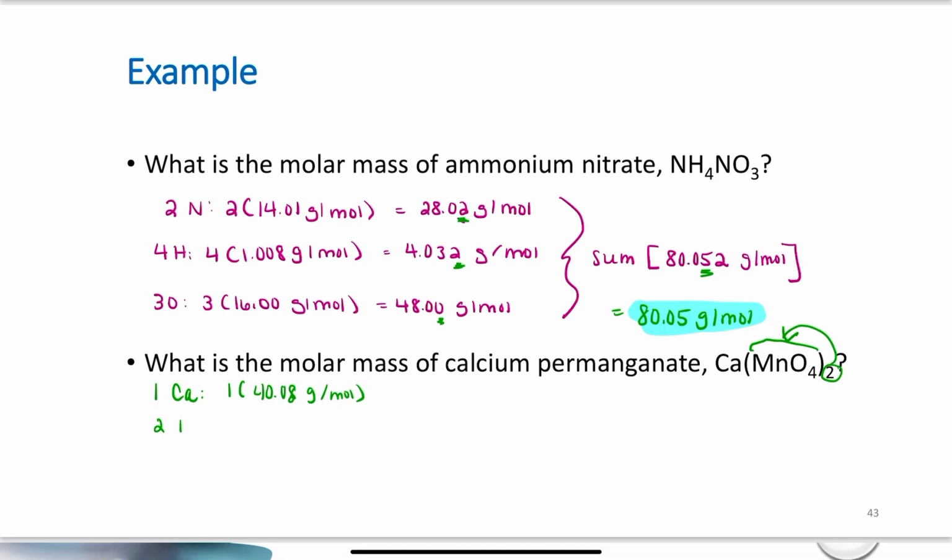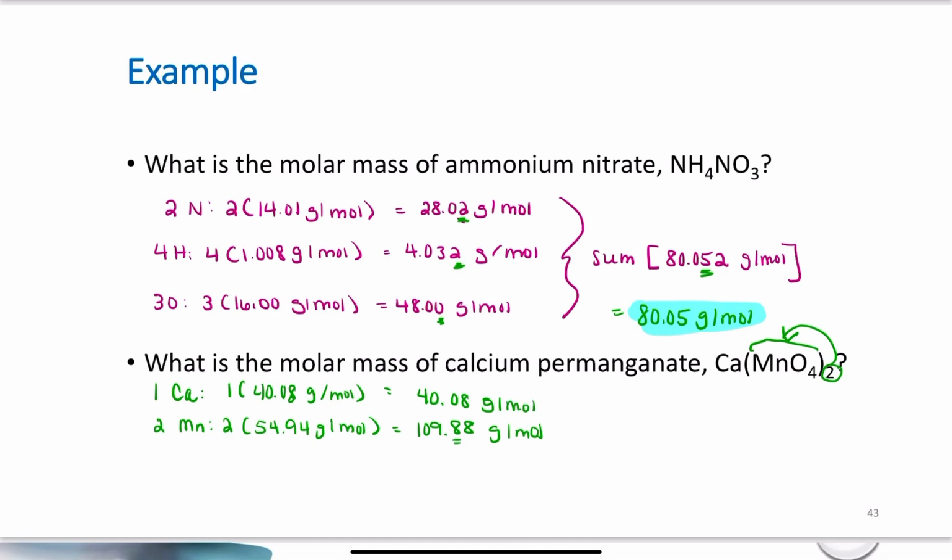So I've got 2 manganese, 2 times 54.94 grams per mole, 109.88. I'm going to underline my sig figs there, grams per mole. Calcium, of course, being 40.08 grams per mole.